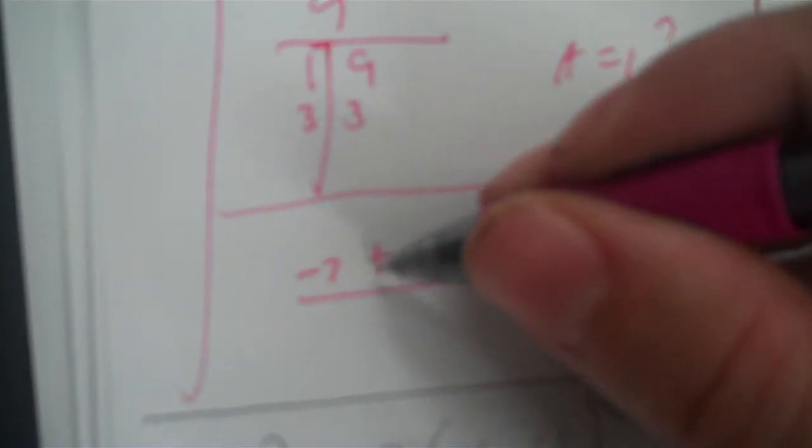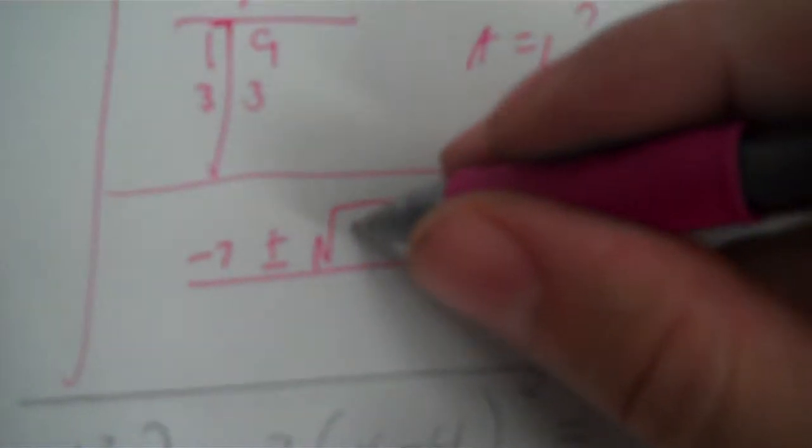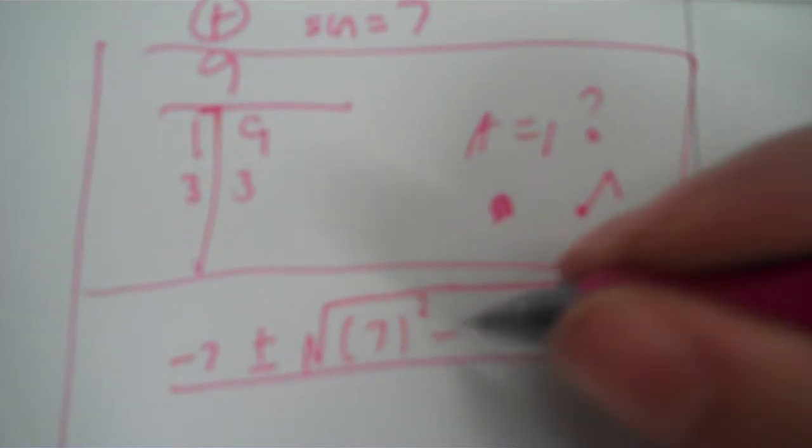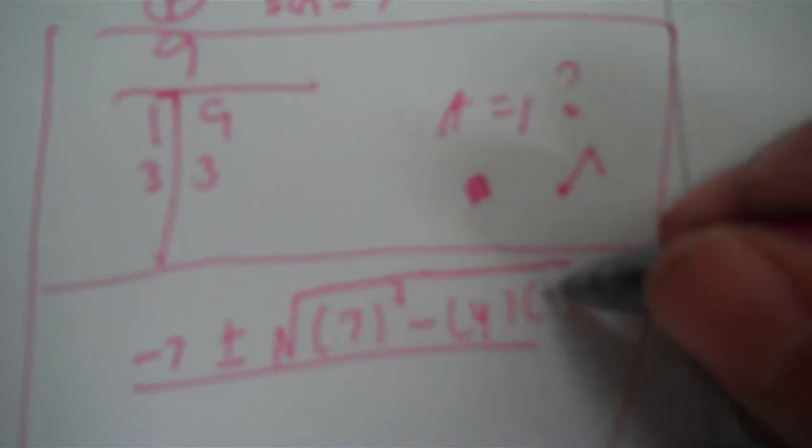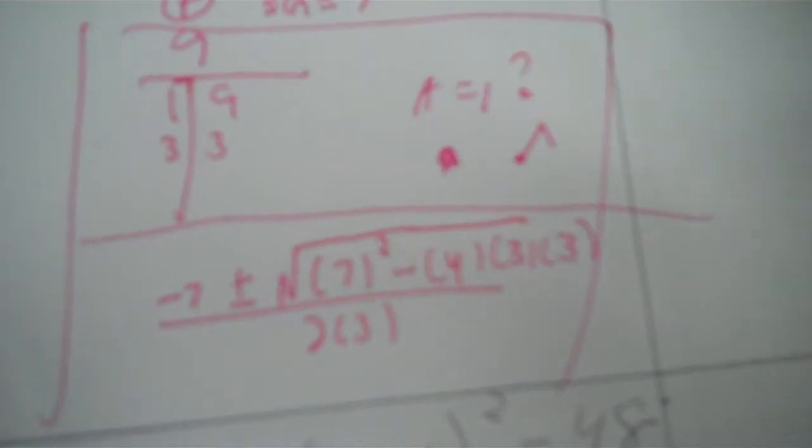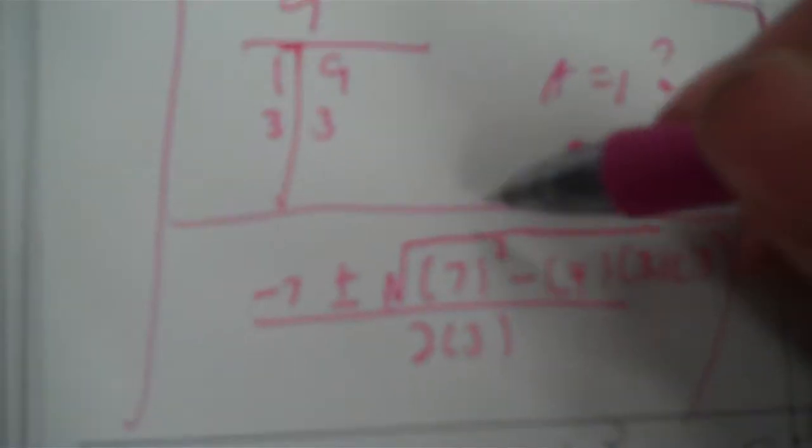So opposite of B, plus or minus square root, B squared, so I got 7 to the second, minus 4, A is 3, C is 3, and then 2 and 3, okay? So I've got negative 7 plus or minus. I'll figure out the square root in a second, and that's 6.